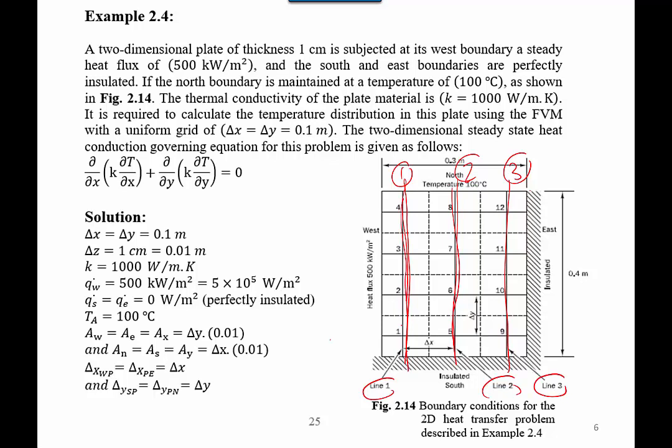Each matrix is considered as a 1-dimensional steady state problem, and matrix number 1 will have the variables T1, T2, T3 and T4 with the neighbors.